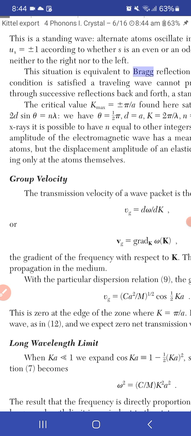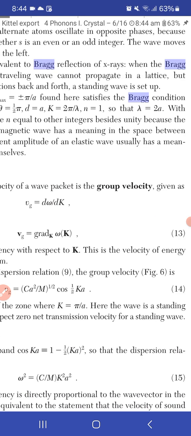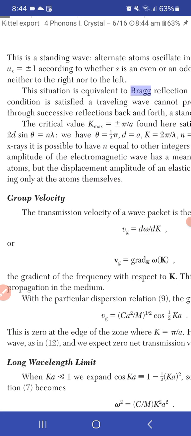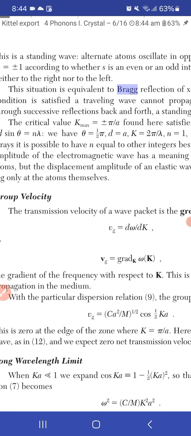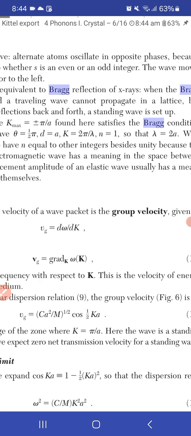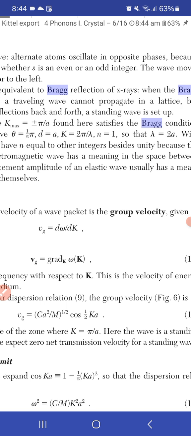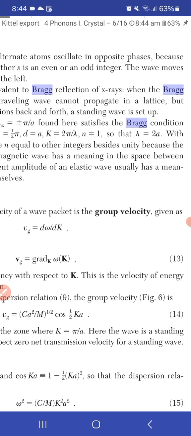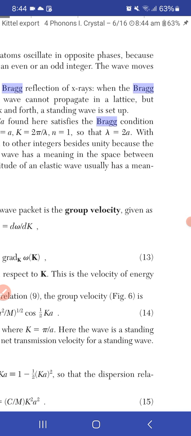Okay, the critical value of K max found here satisfies Bragg's condition. 2d sinθ = nλ, where θ is equal to half of π, d is equal to a, k is equal to 2π/λ, n is equal to 1. So λ is equal to 2a.